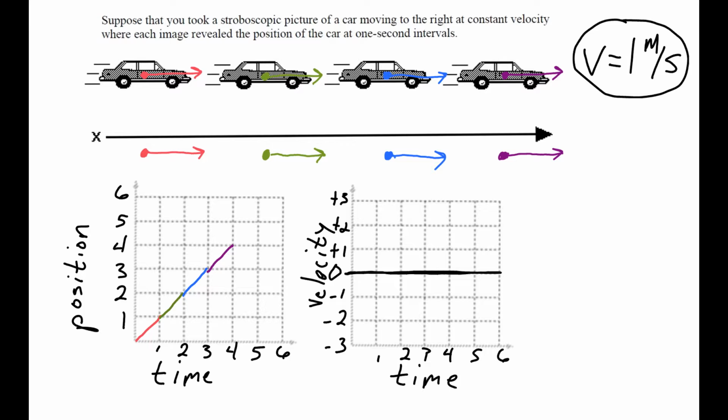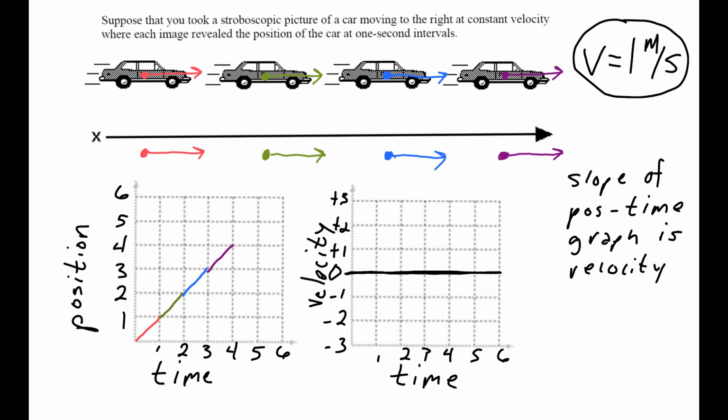So we have to look at each one of these individually. So the first one, I'm going to write this on the side: slope of position time graph is velocity.